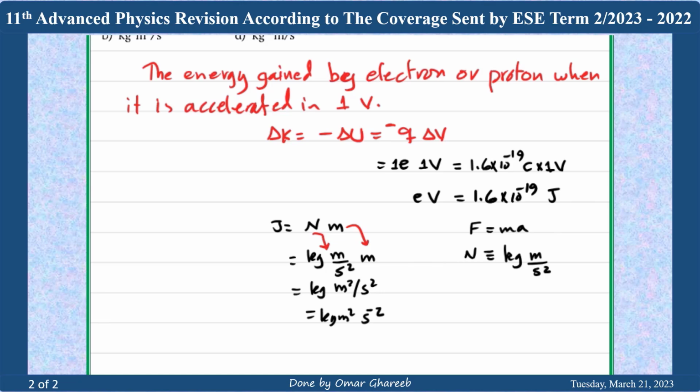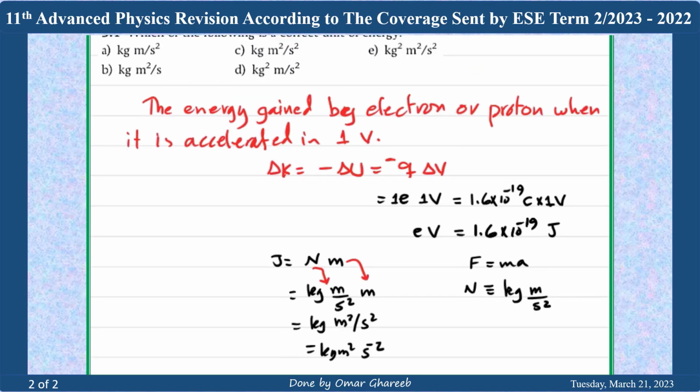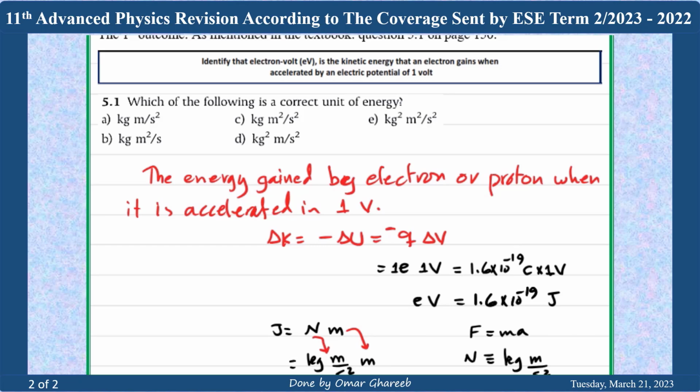So this is the unit of joule in the SI units. So the answer should be C. And the electron volt is a unit for measuring the energy, and it is equal to 1.6 times 10 to the minus 19 joule.